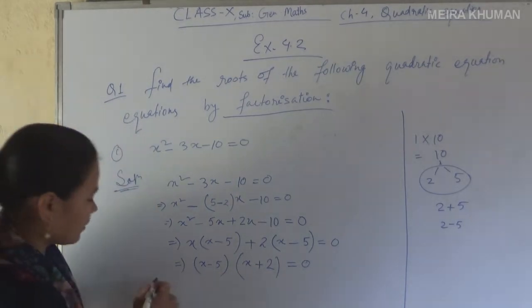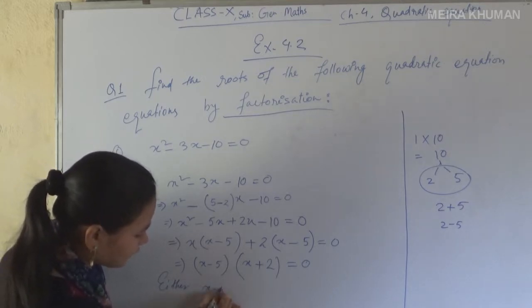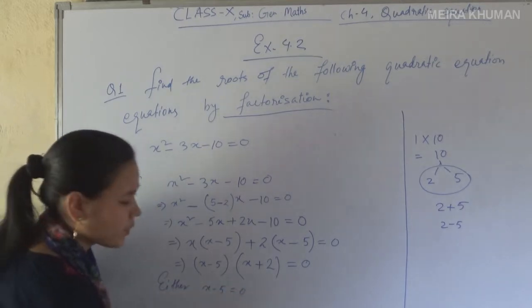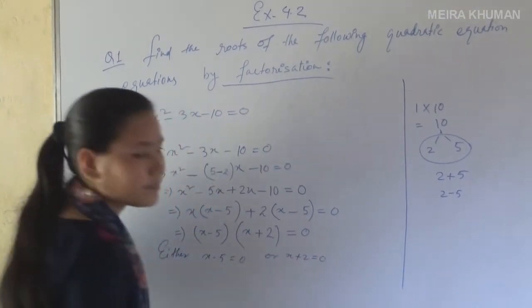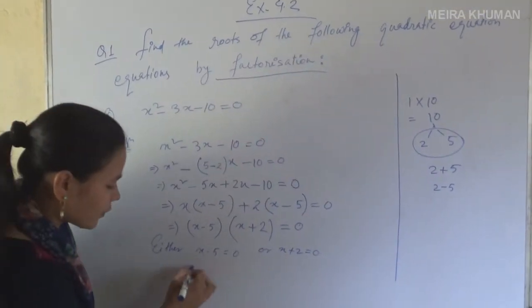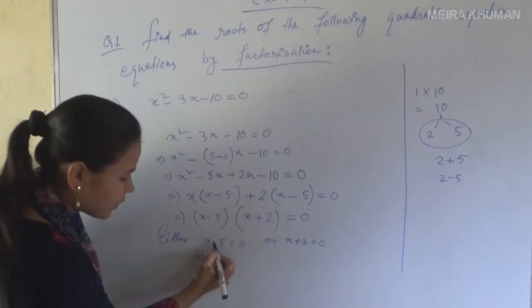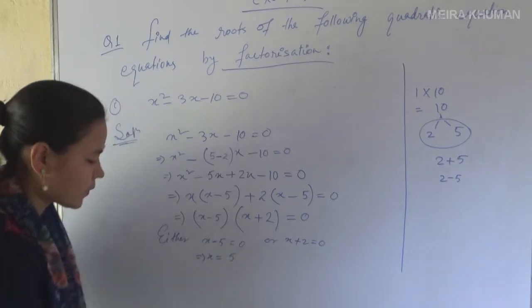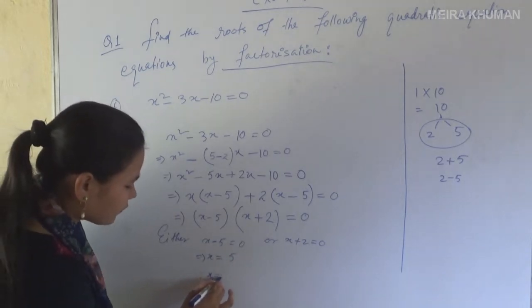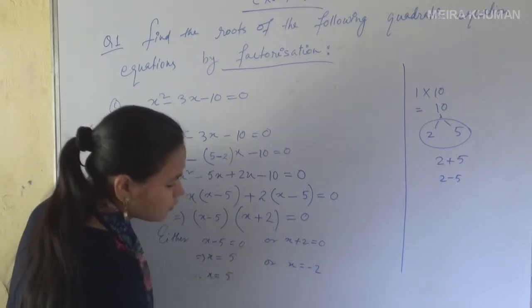So it means you can write either x minus 5 equal to 0 or x plus 2 equal to 0. From here x equal to 5, since if you transpose, you change the sign. So x you are getting 5, or x equal to minus 2.